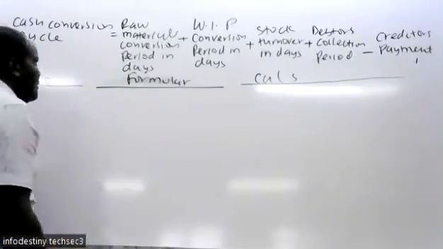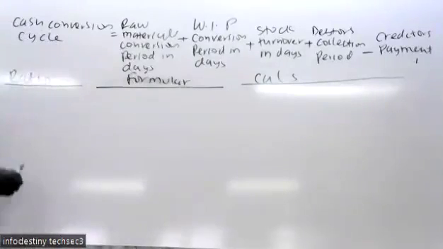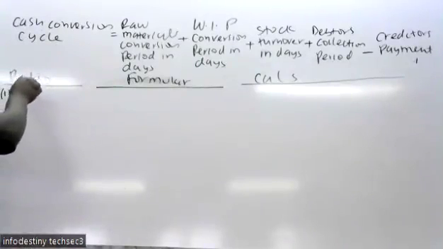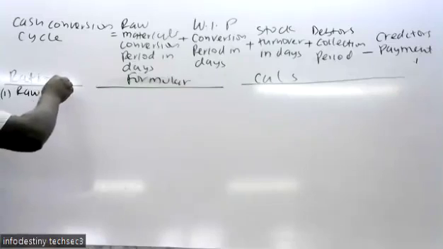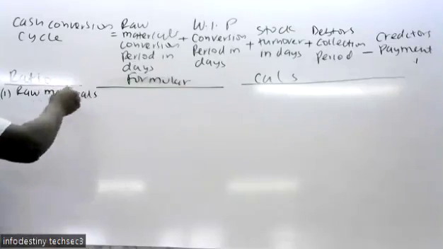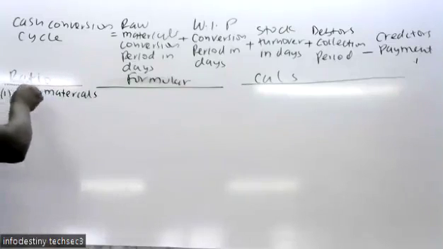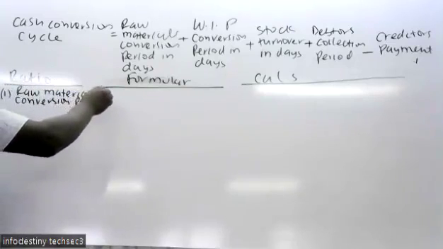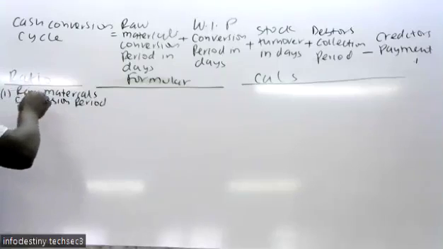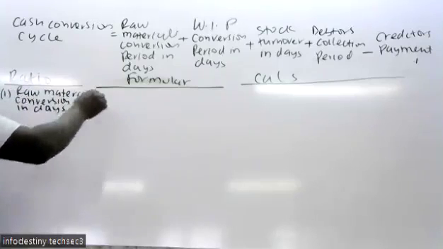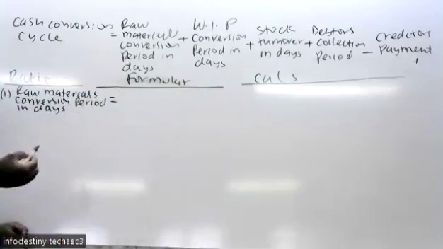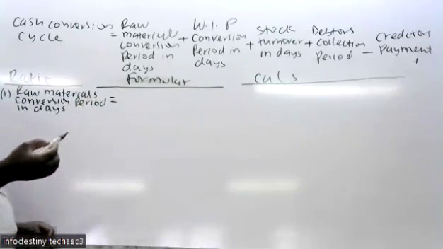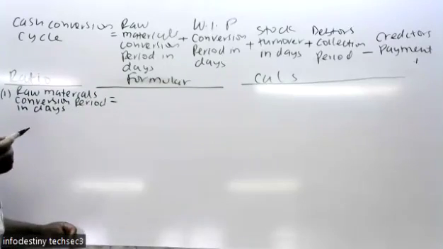So the first one is the raw materials conversion period in days. So here we assume there are 365 days in a year.